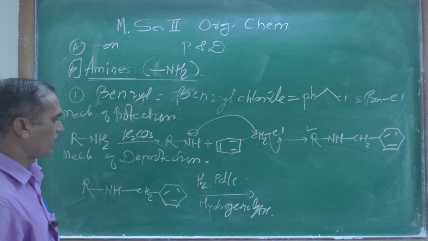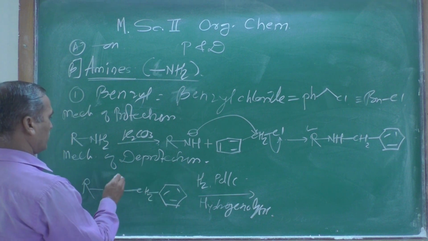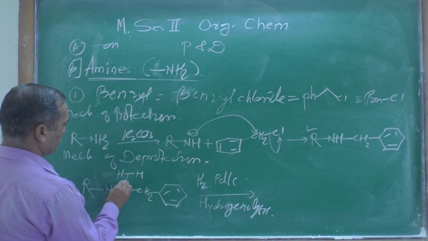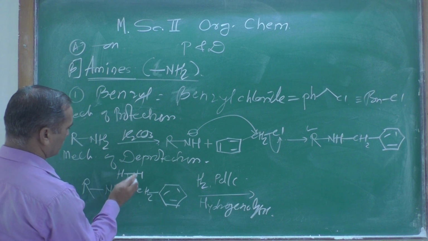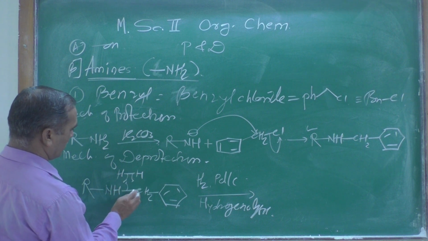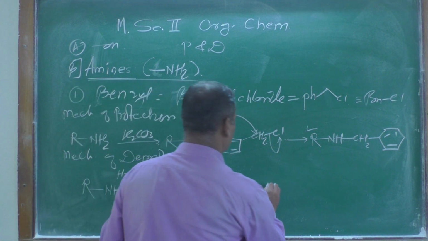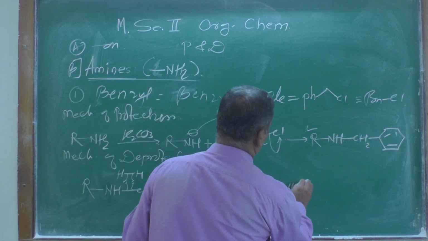bond, which gets cleaved easily. Now look here: one hydrogen atom, here another hydrogen atom, so bonds go on forming like this. Here it becomes CH3, here it becomes RNH2.